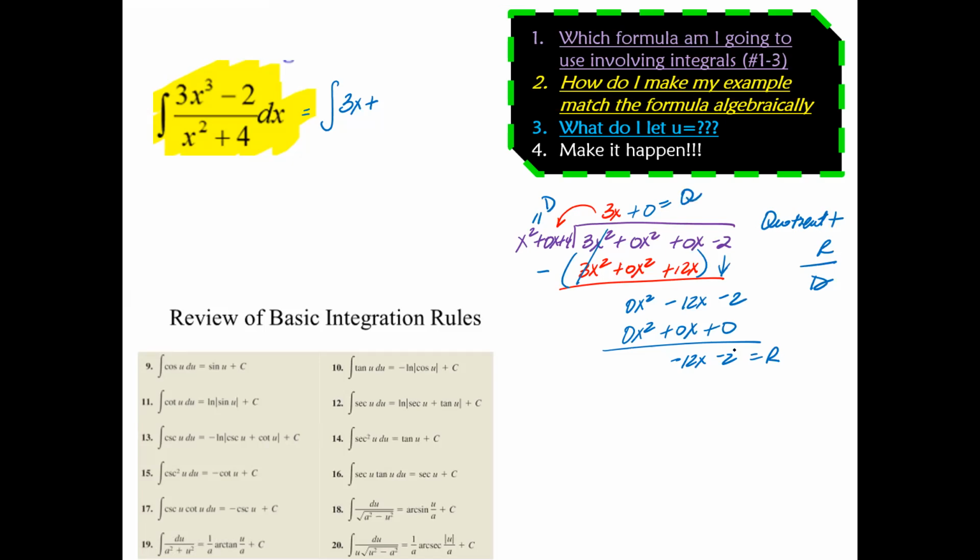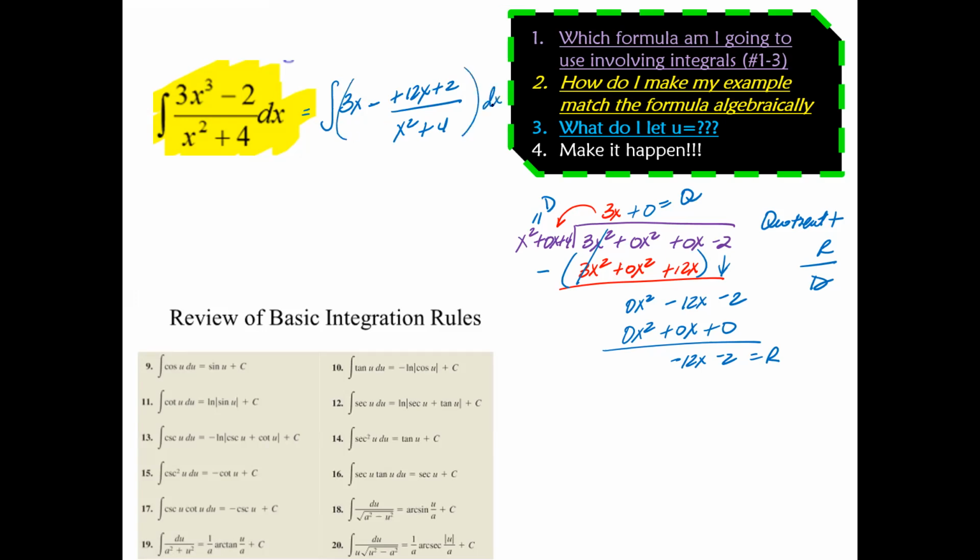So the remainder is negative 12x minus 2 over my divisor, which is x squared plus 4. And if you don't want to have the two negatives, you could go ahead and get rid of the negative by putting a negative here and a positive there. Okay, so we're just kind of factoring out the negative.